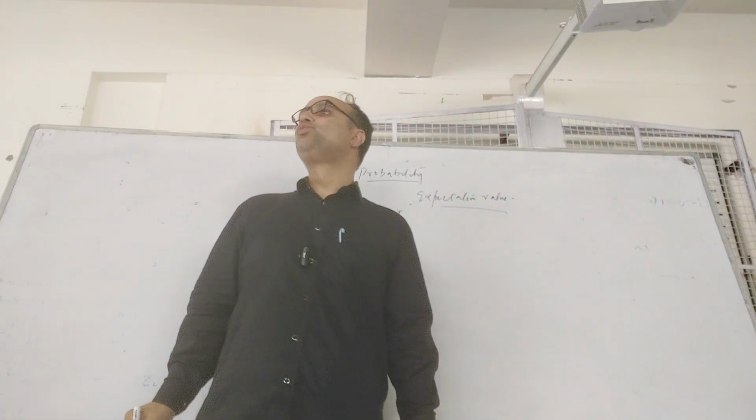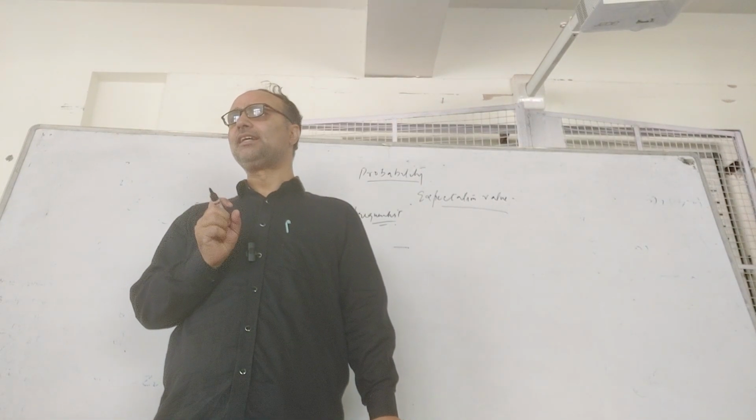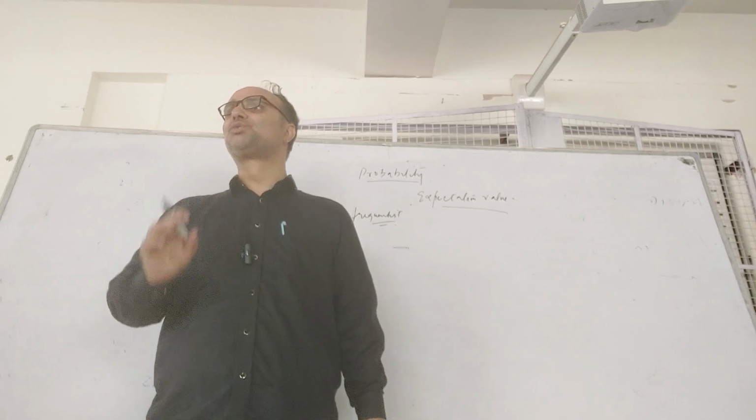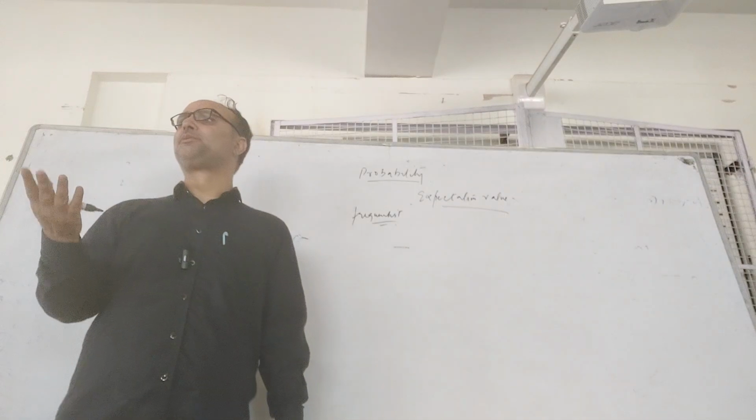So how do we see an average behavior? For example, in this room there are 5 people, or 6, or 7, or 14 people.